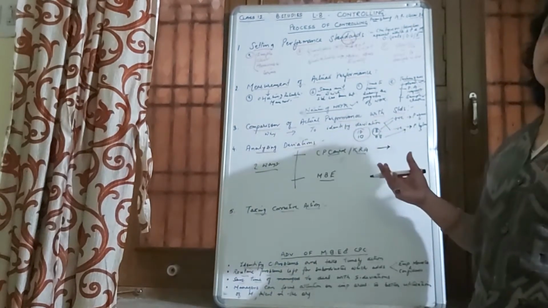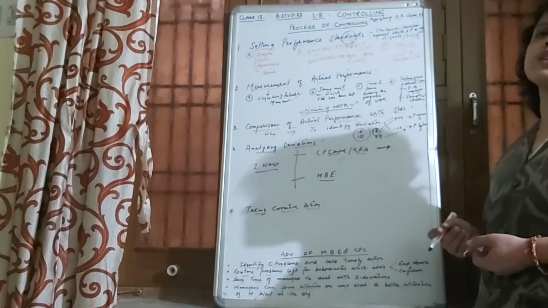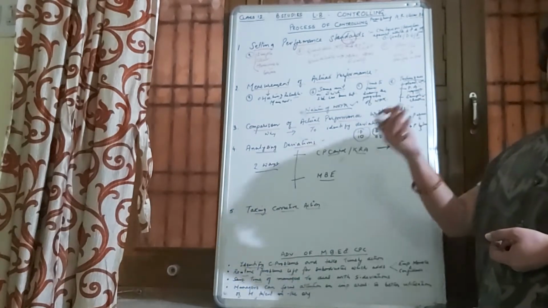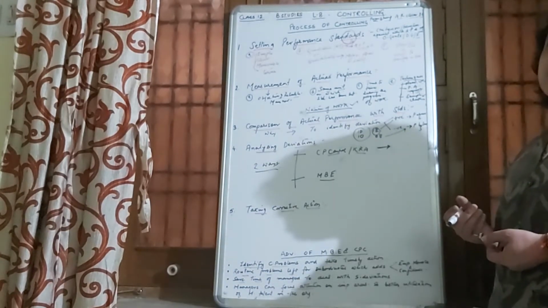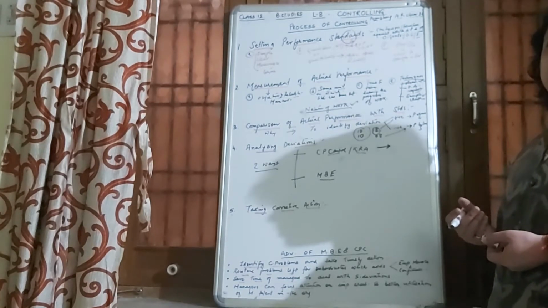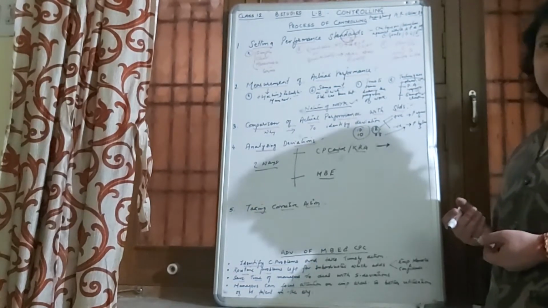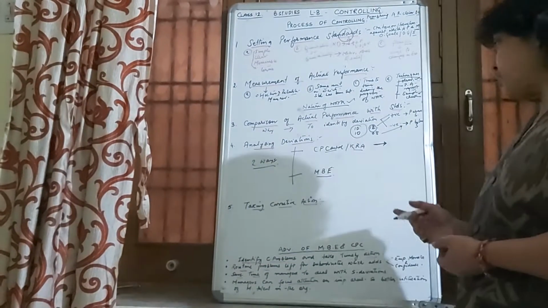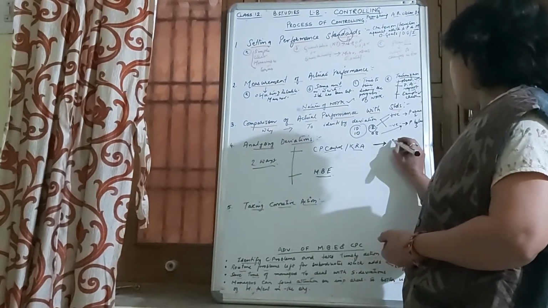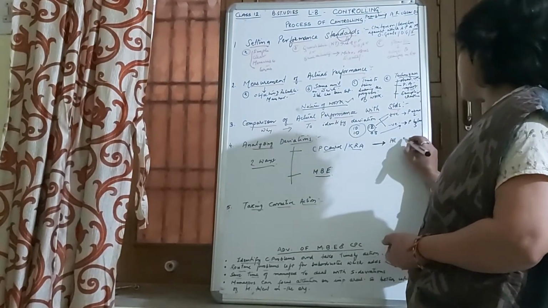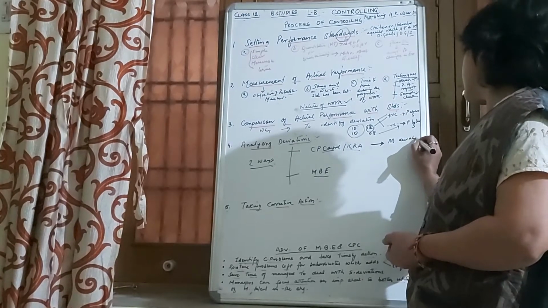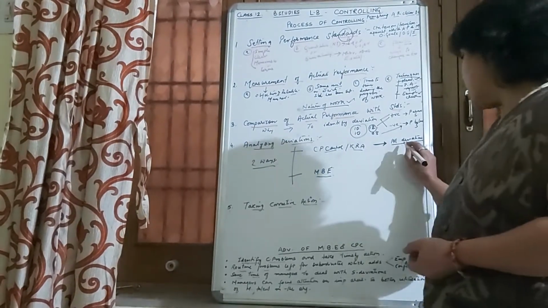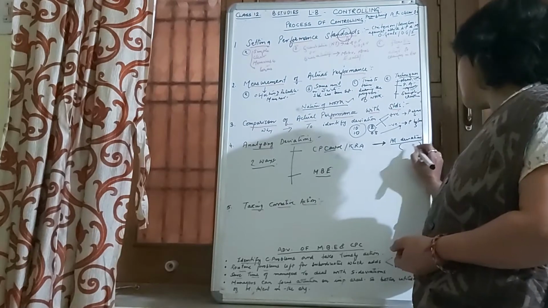That is not a matter to worry about if some deviation occurs, because in the course of work there is a possibility that the actual performance will deviate. But all deviations which occur are not a cause of worry.